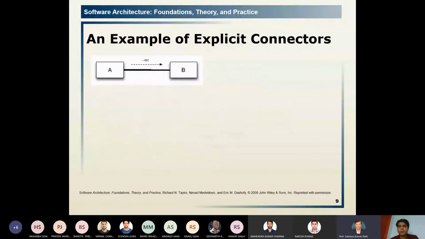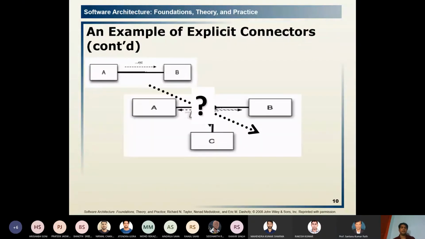Next, an example of an explicit connector. Explicit means an independent connector. They are not associated to a particular component. Here you can check, an independent connector. Some dotted line notation has been given to connect A and B, and some signals are given.